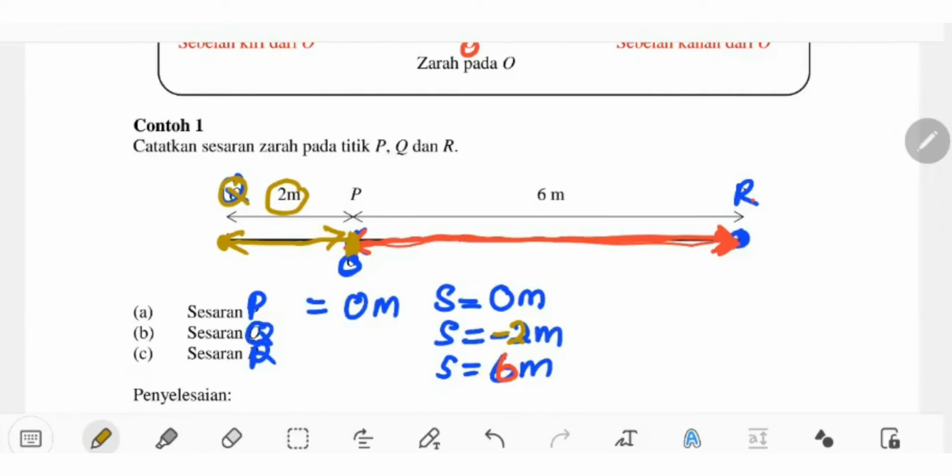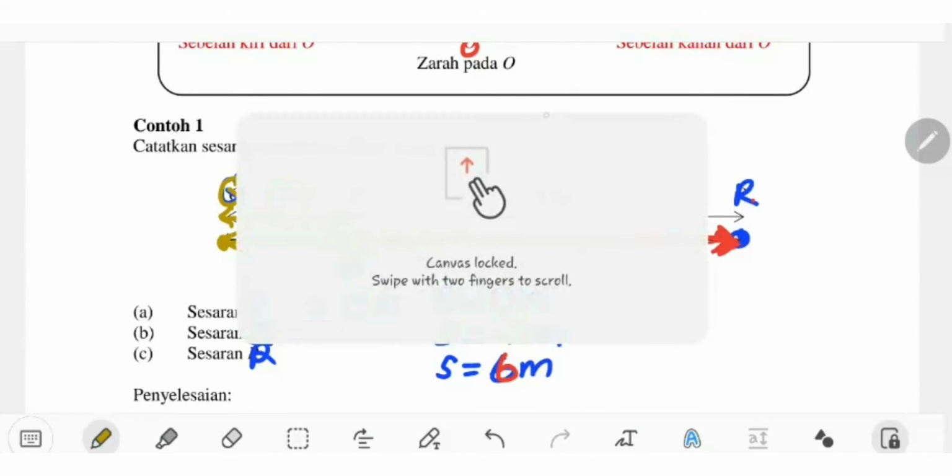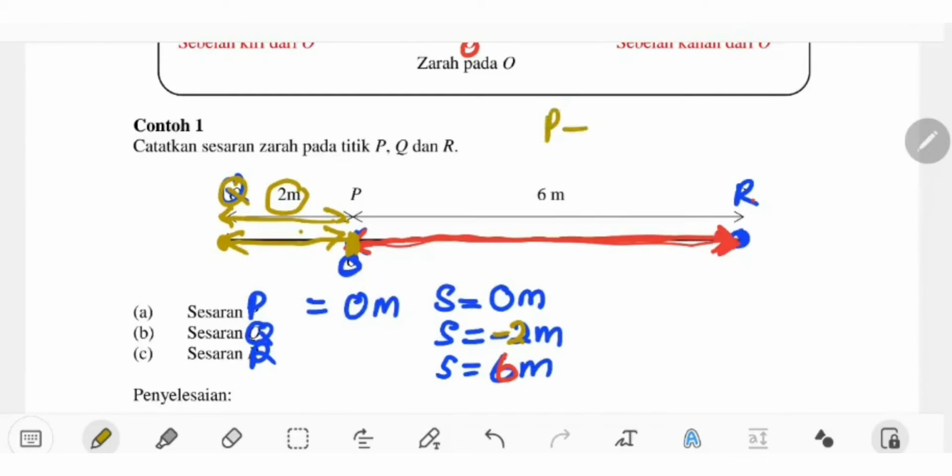Boleh faham distance dengan displacement? Displacement dia ada magnitude, dia ada direction. So kalau dia on the right positif, kalau on the left dia negatif. Kalau distance dia scalar, dia cuma ada magnitude. Contoh macam ni, P to Q, the distance is 2 meter.